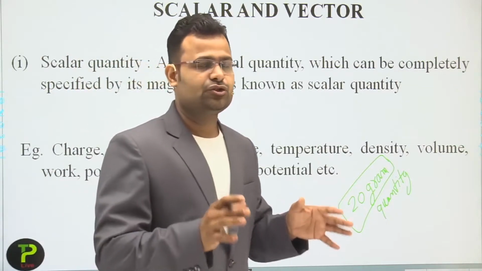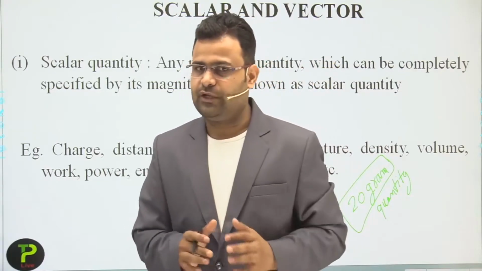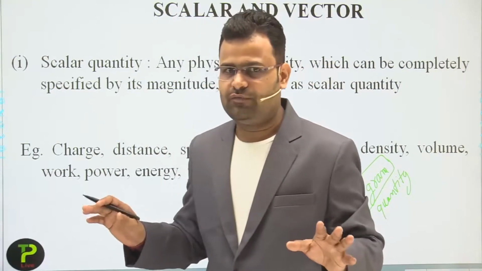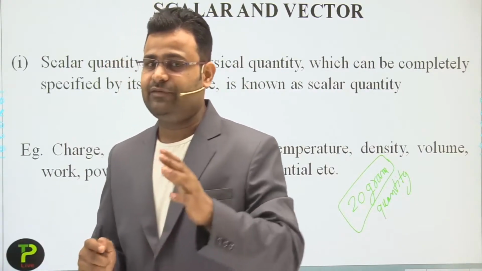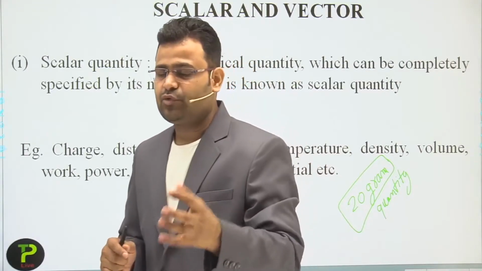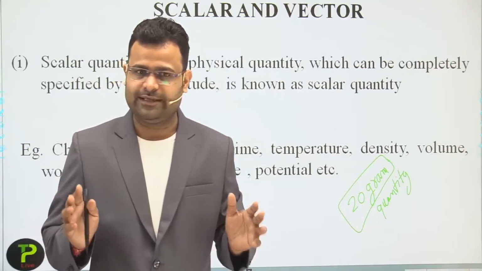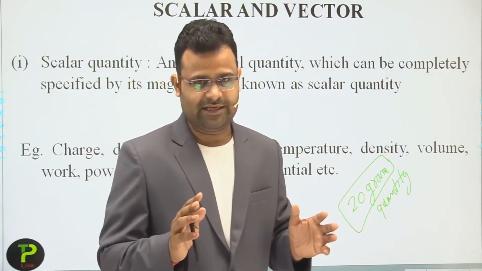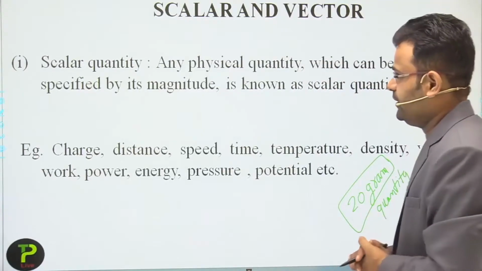So it depends only on magnitude; there is no role of direction. So it is a scalar quantity. That means, dear students, if a quantity has only magnitude, with no effect of direction, it is a scalar quantity.